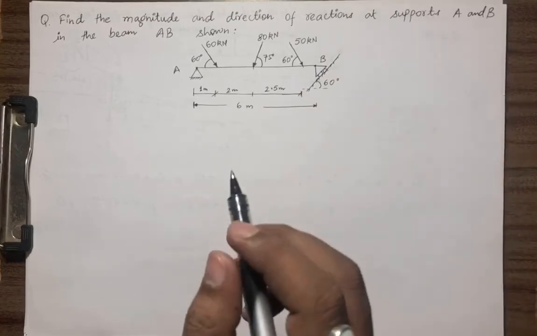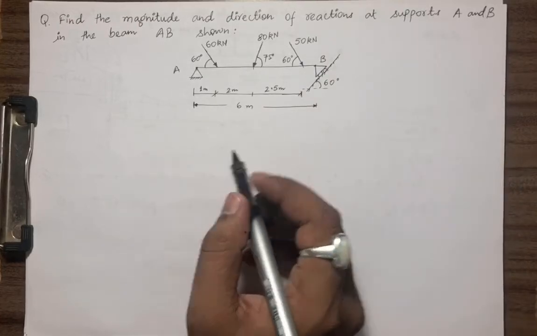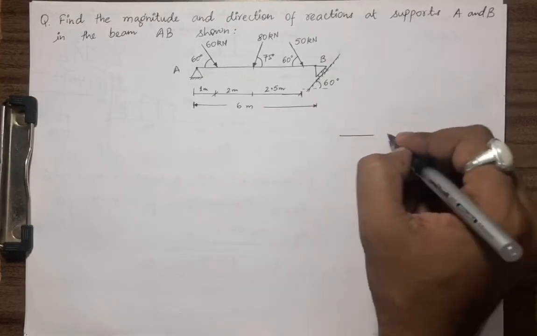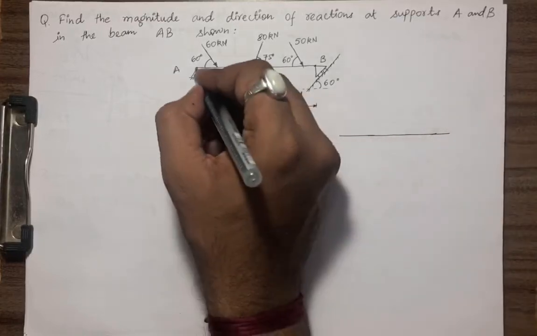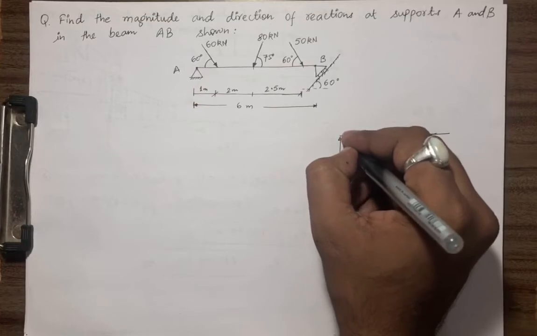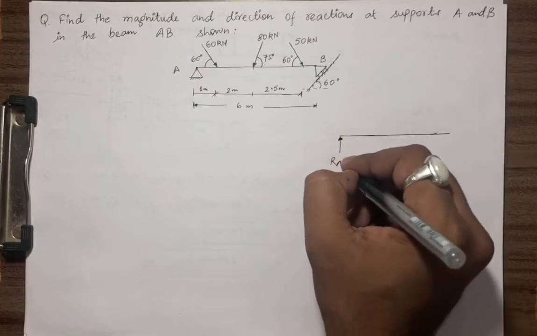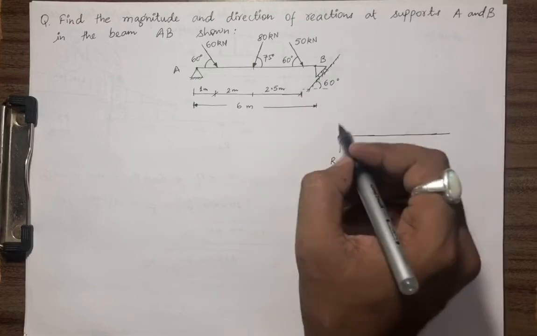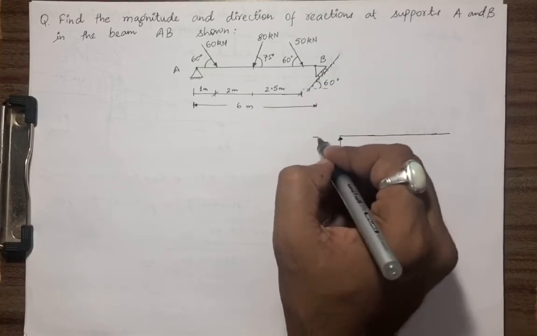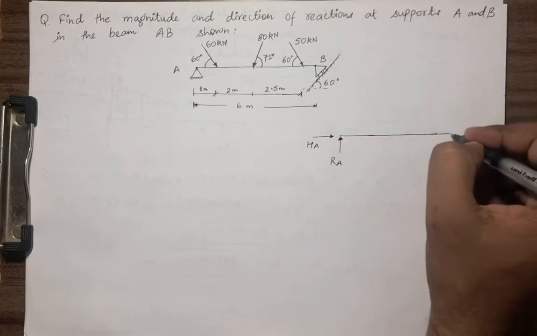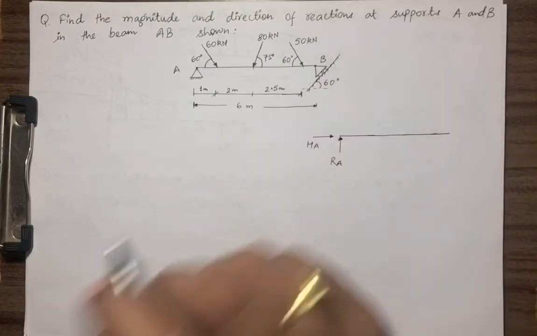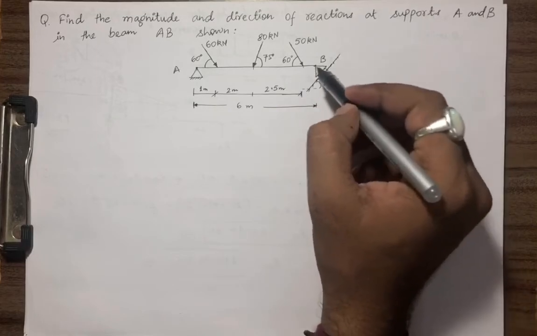So let us draw the free body diagram. The first step is to draw the free body diagram. Here it is a hinge, it will give two reactions, one is Ra, one is Ha. This is a roller, so it will give only a single reaction and it will be perpendicular to the surface.